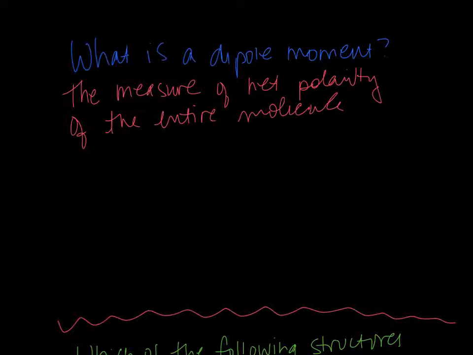Okay, so let me try to reword that. If you look here, it says pole, right? And so what you're actually looking at is you want to know if the electron density is being pulled to one side of the molecule. If it has a dipole moment, the electron density is being pulled to one side.